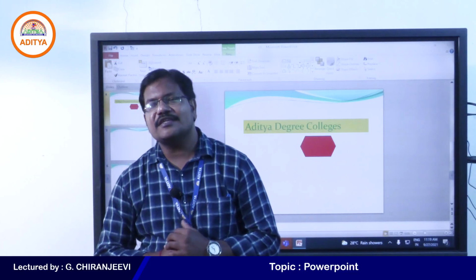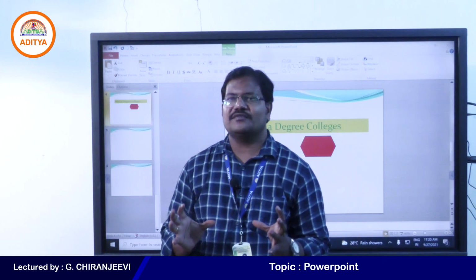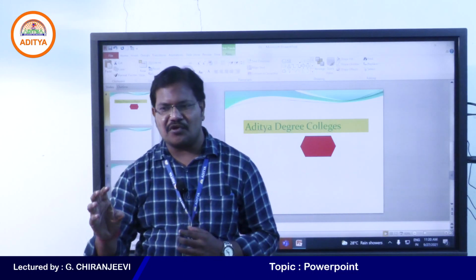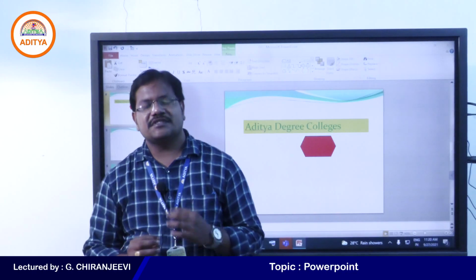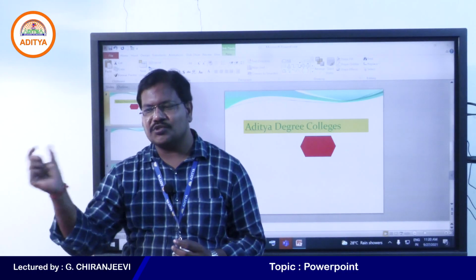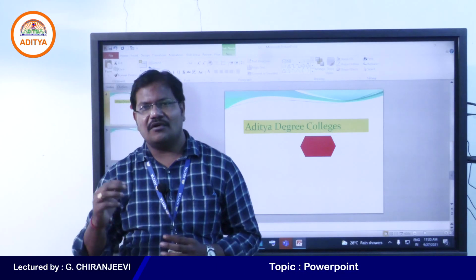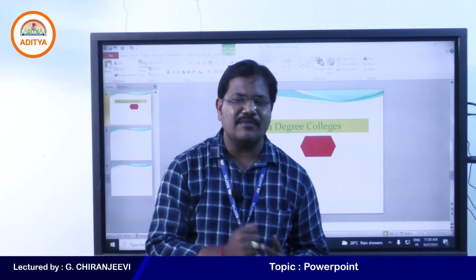What is the meaning of static? Static means no movement. Wherever you place your text, text box or image, it remains there itself, stagnant. Suppose you want to add some movement to the text, or you want to place one after another. For that you need to animate the object.